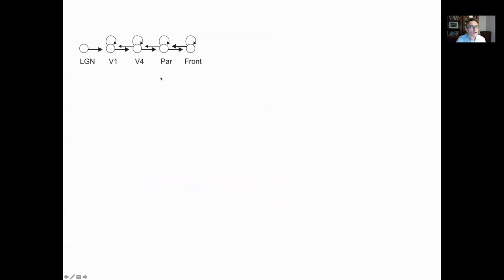His model had feed-forward connections from the LGN to V1 to V4, parietal cortex and frontal cortex, feedback connections in the opposite direction, and there were also self-connections between the neurons within the areas. But in total, there were only 5 neurons, and they were stochastic.